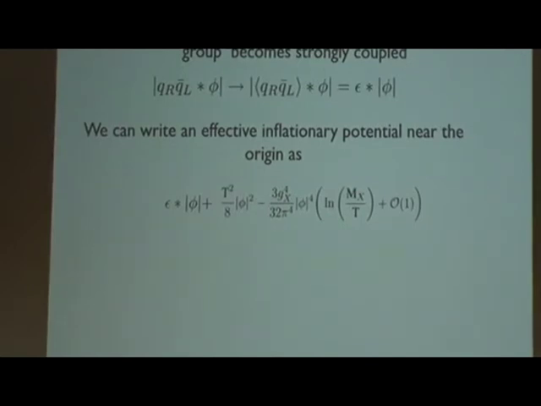So at the critical temperature, as in QCD, your hidden gauge group becomes strongly coupled. At that point, your quarks generate a VEV, which generates a tadpole term. And so you can rewrite the effective potential, replacing the quarks with this effective tadpole term.